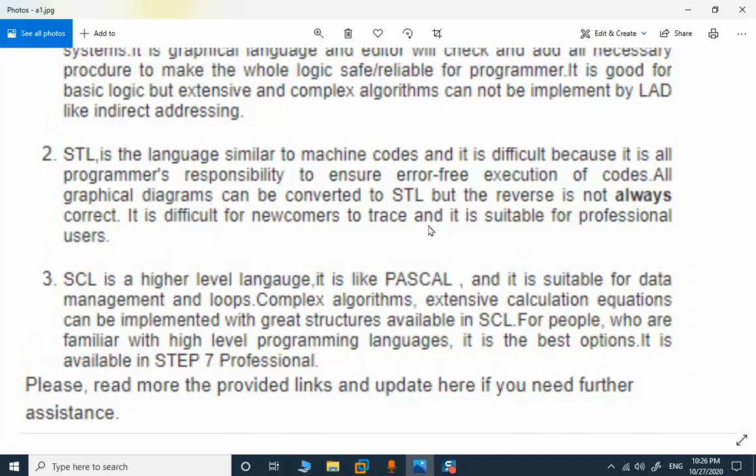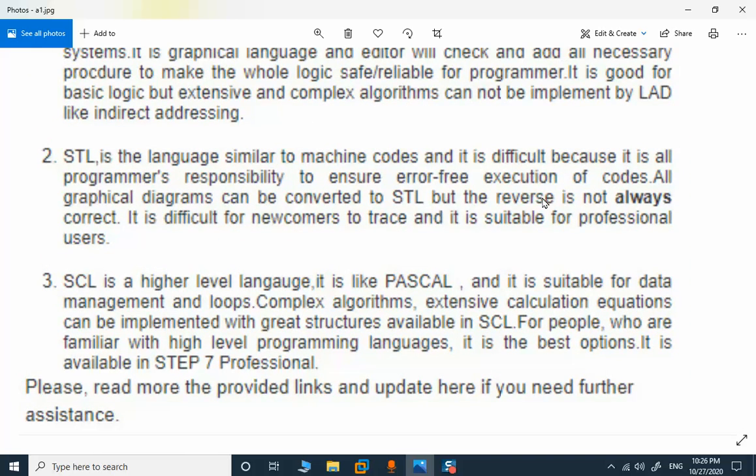The next language is STL. It's a language that is similar to machine code. It's a bit difficult because it's your responsibility as the programmer to ensure the error-free execution of code. You don't have the help of the editor to add extra code to make sure that your code is error-free.